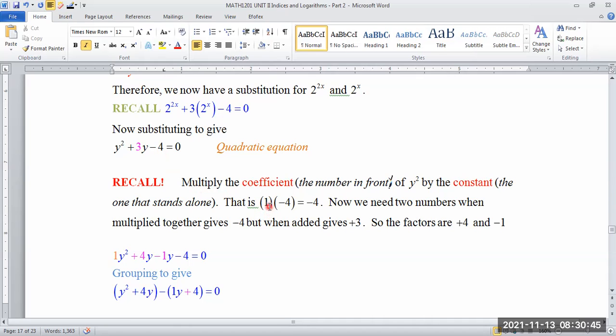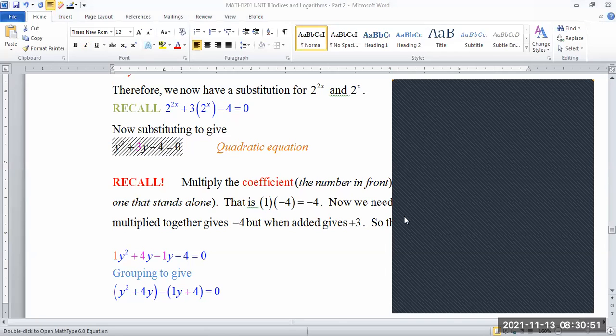And that is, I'm multiplying the coefficient of y squared, it is 1. Let me put that in blue. The coefficient of y squared is 1.